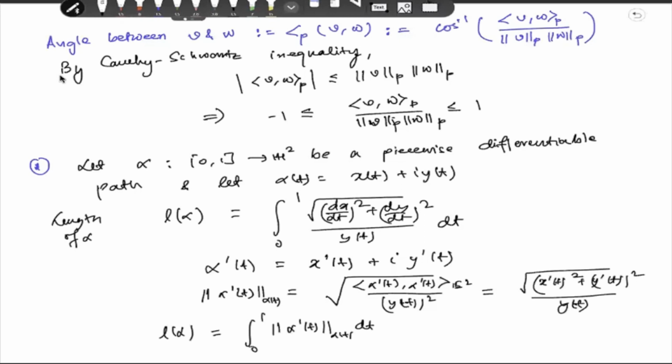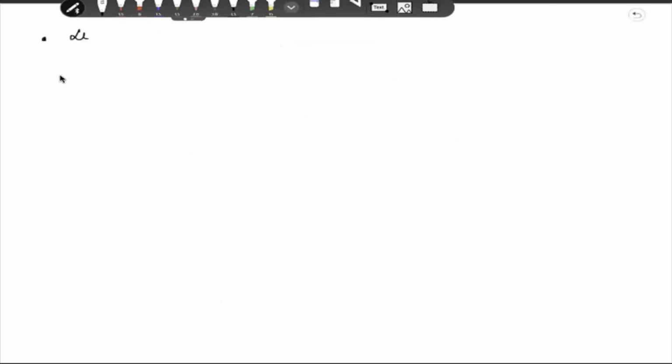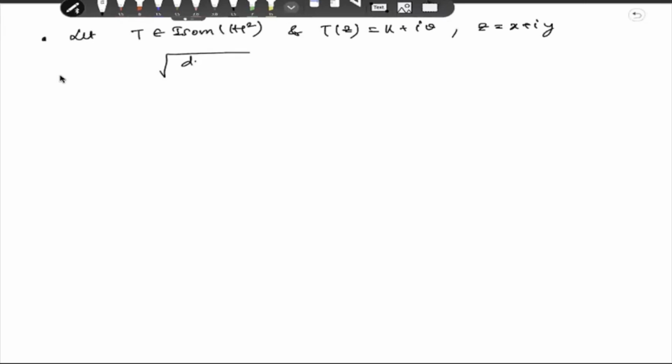Okay, so now if I take an isometry, let T be an isometry of this upper half plane, and let us take T z to be equal to u plus i v, where z is equal to x plus i y. u is a function of x and y, and v is also a function of x and y. Because T is an isometry, this formula will be preserved, as we have seen earlier.